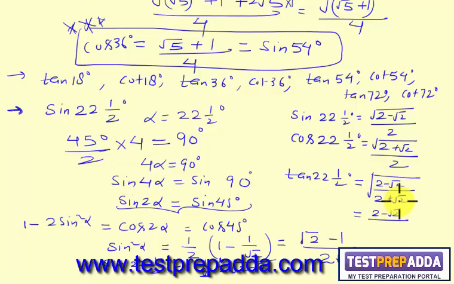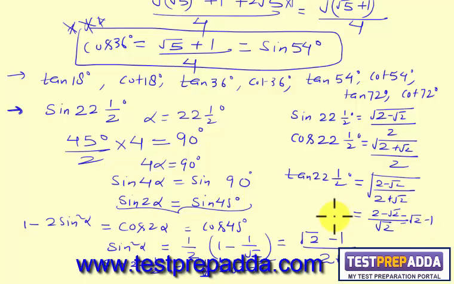A minus b into a plus b is a square minus b square. So 4 minus 2, it will become 2, but it is inside the root, so it will be this. So at the end the value will be what? Root 2 minus 1. So tan 22.5 degree comes as root 2 minus 1.